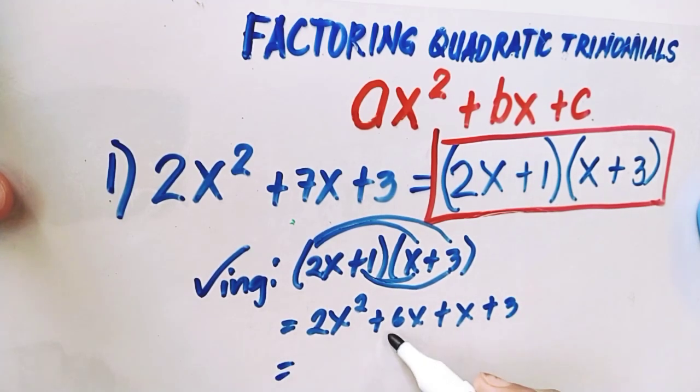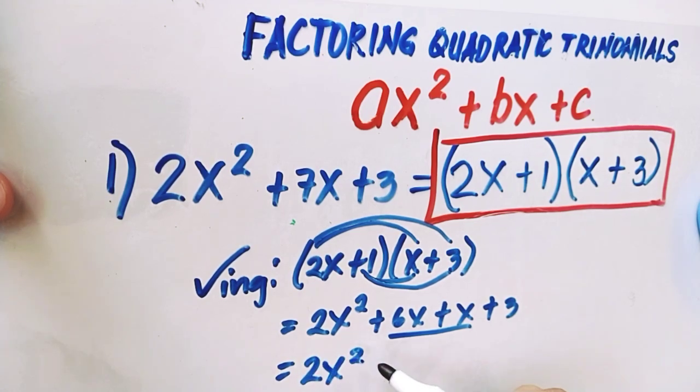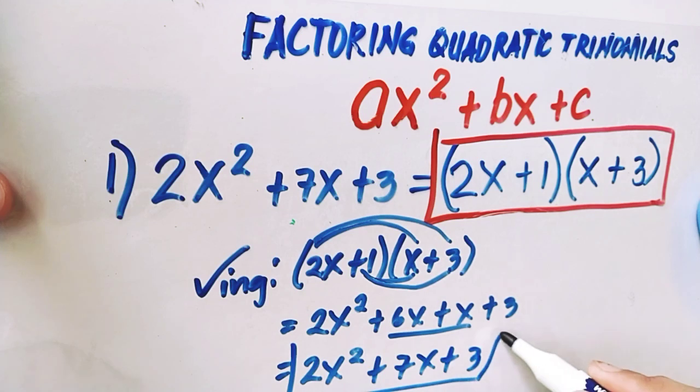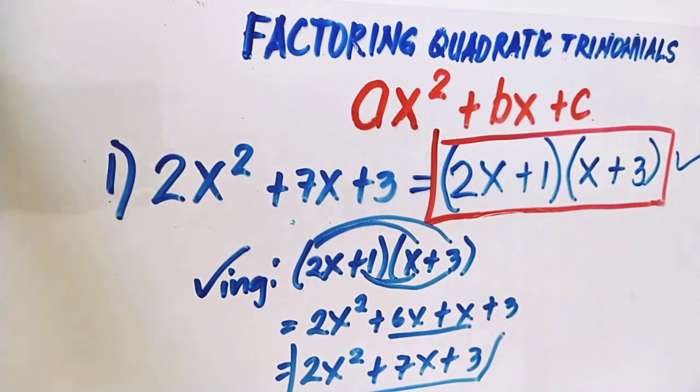And then let's combine the similar terms. So 2x squared plus 1 and 6 is 7x plus 3. And as we can see, our answer is similar to the given, therefore our answer is correct.